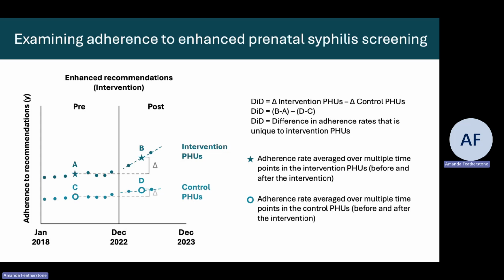We can compare the average rate of adherence over multiple time points in the intervention and control groups between the two periods to get our difference in difference estimate, which allows us to estimate the difference in adherence rates that is unique to the public health units that had the intervention.